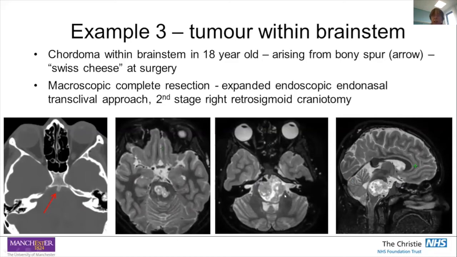So a very large tumour that may look like it was just indenting and compressing the brainstem, but actually at surgery, which was by Mr. Pathmanaban, he described a Swiss cheese appearance of pockets of tumour interspersed with parts of brainstem. And this girl amazingly had a macroscopic complete resection in 2 stages. So the vast majority taken by an expanded endonasal approach, but the second stage, a right retrosigmoid craniotomy.